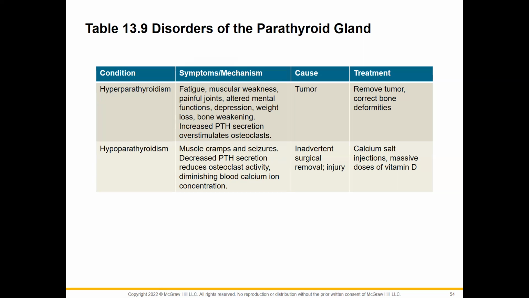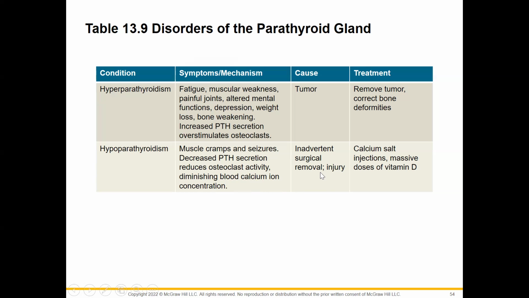So if you don't have adequate calcium, then the muscles won't work correctly at the sarcomere level. So hypoparathyroidism can cause muscle cramps and seizures. Decreased parathyroid hormone secretion reduces osteoclast activity, and this diminishes blood calcium concentrations.